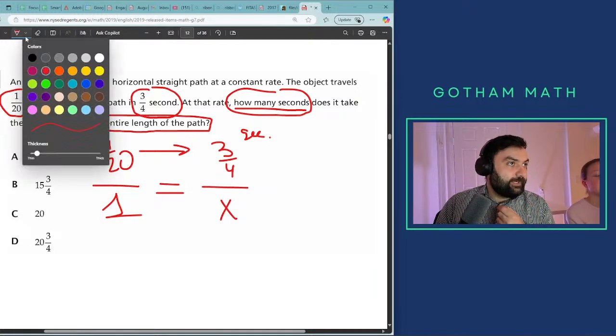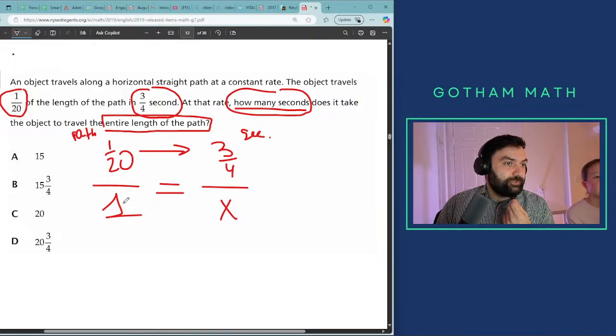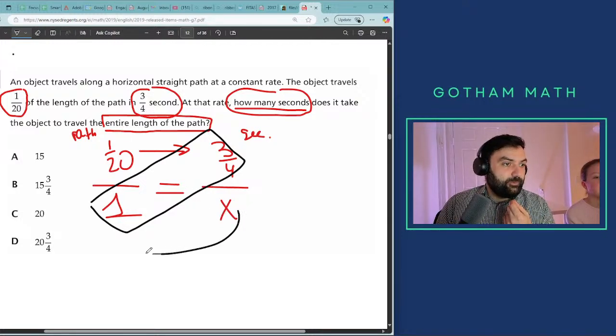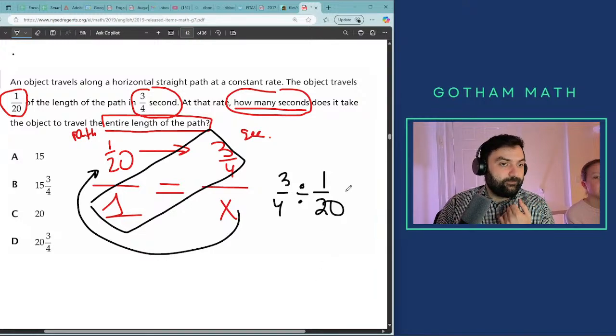And now, again, we're solving a question with a proportion. We multiply two numbers that are across and divide them by the one that's across from the x. That's it. Let's do it. 3/4 times 1 is obviously just 3/4. And then we divide it by 1/20th. Obviously, if you were like, oh, I knew it, I could have done it right away.